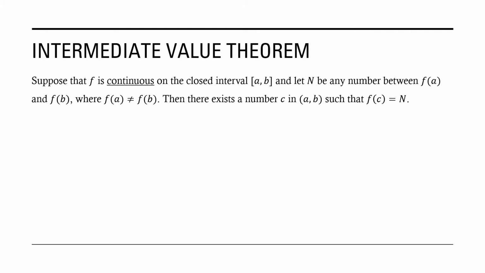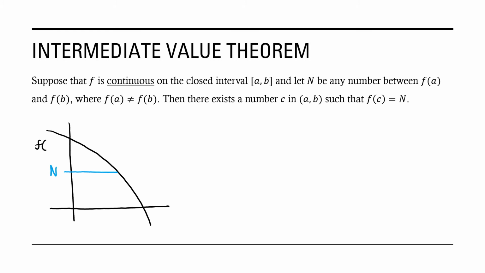Now, if the intermediate value theorem works, then we show three things. First of all, f of x has to be continuous. So here is a nice continuous function. Next up, n has to be between f of a and f of b.